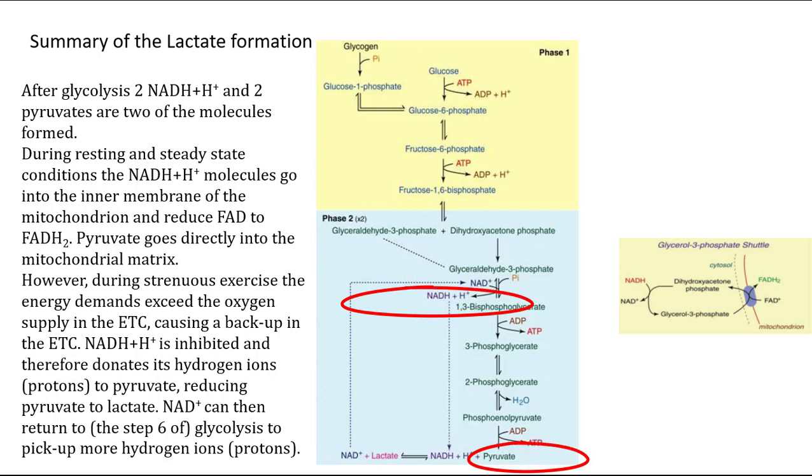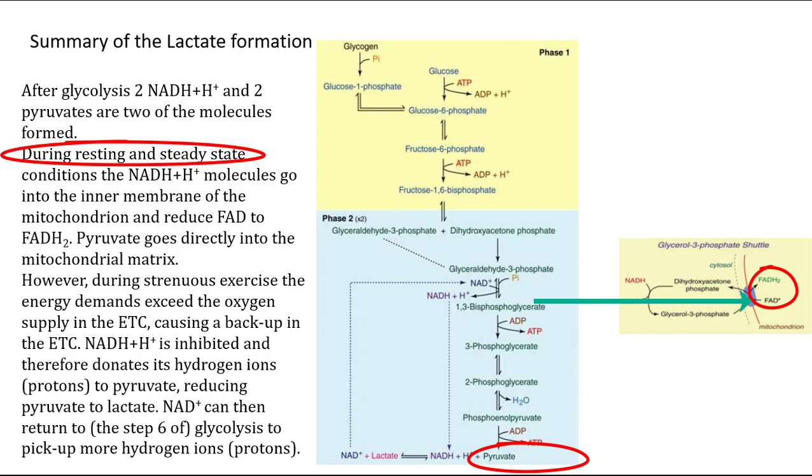During resting and steady-state conditions, the NADH plus proton molecules go into the inner membrane of the mitochondrion and reduce FAD to FADH2. Pyruvate goes directly into the mitochondrial matrix.